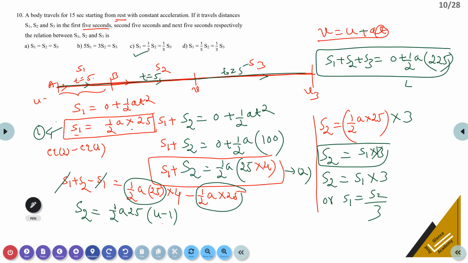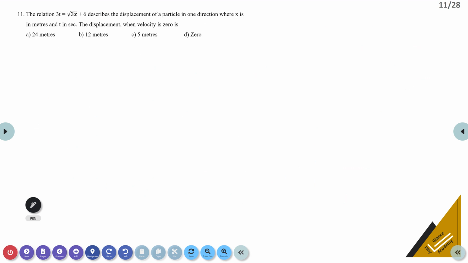Use equation 3 and equation 2 and subtract, then you will get the right answer. Instead of doing all these things, you just know that it is 1 is to 3 is to 5. That is the right method.